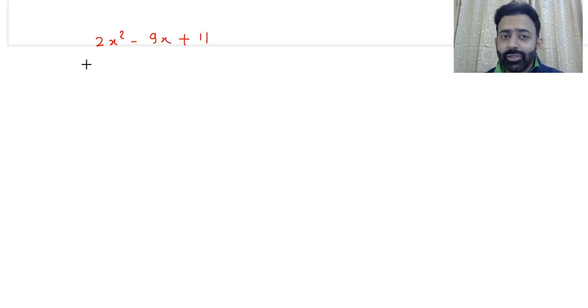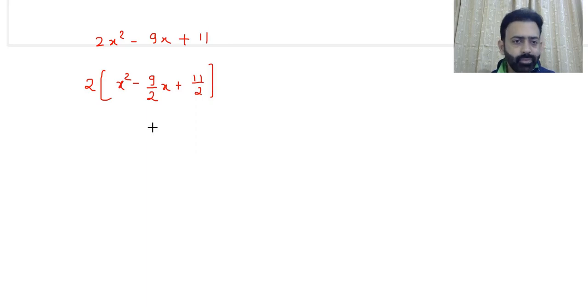The first task is making the coefficient of x square as 1. So if I make the coefficient of x square as 1, this is 2 times x square minus 9 by 2 x plus 11 over 2. There is no harm in doing this.